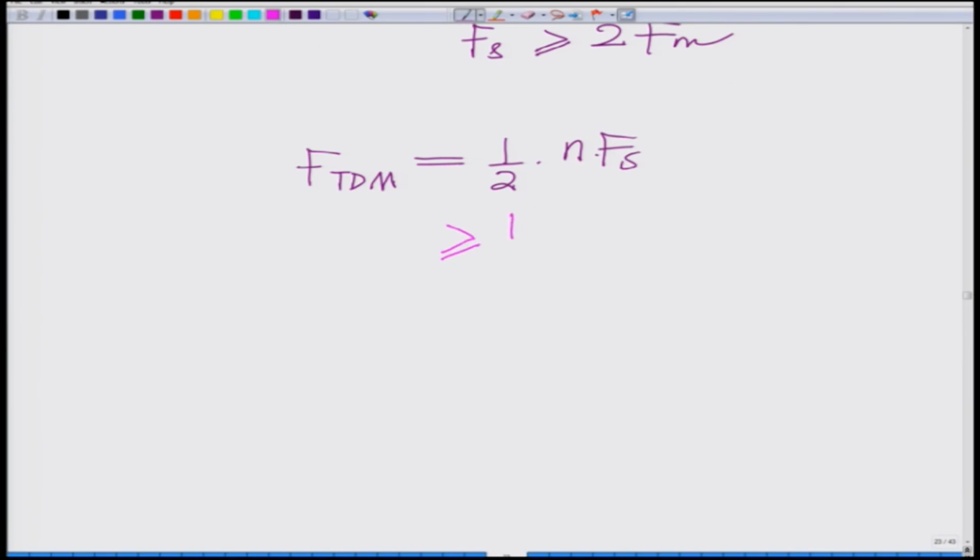Therefore, this is greater than or equal to half N into twice Fm, which is equal to N times Fm.